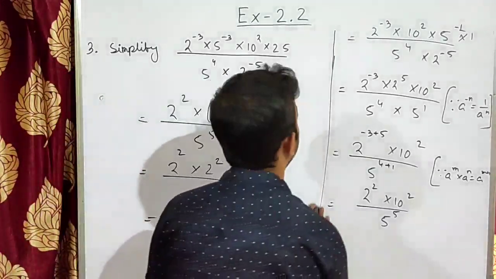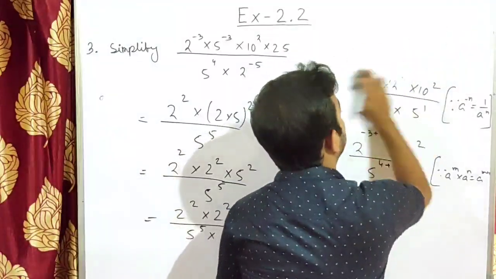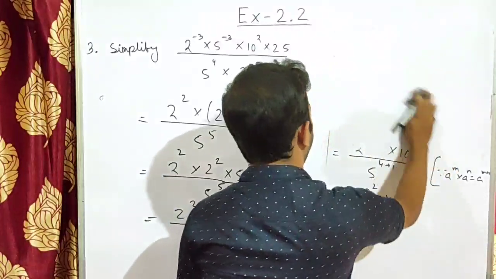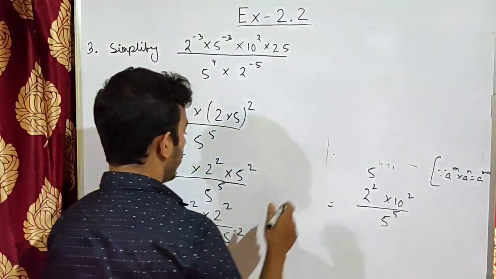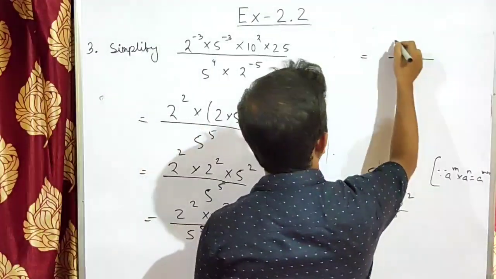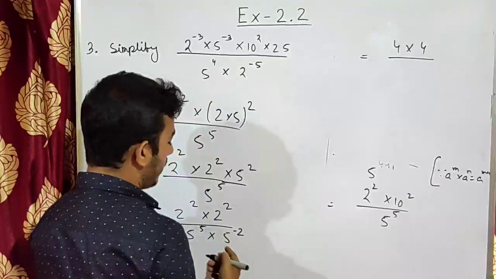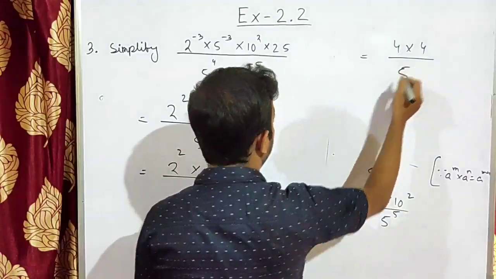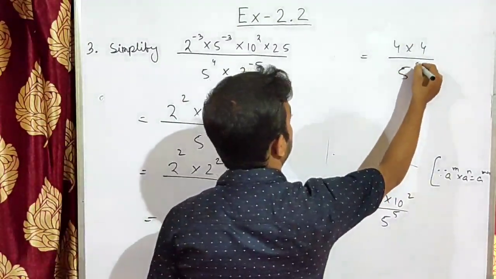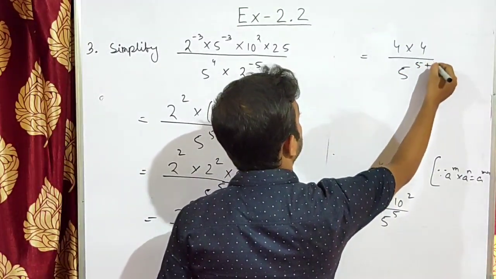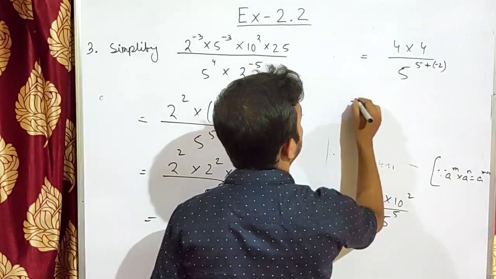So next will be 2 square means what? 2 square is 4 into 4. Now look, 5 to the power 5, it will be what? 5 plus minus 2, isn't it?